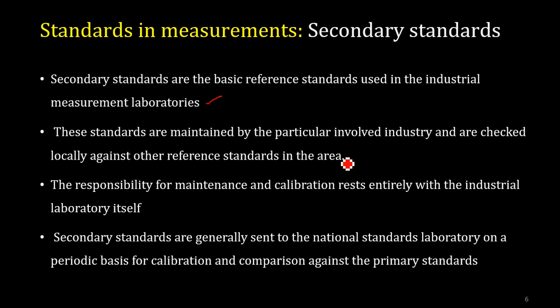These secondary standards will be calibrated against the primary standards for accuracy. Now the secondary standards are sent to national standard laboratories on a periodic basis for calibration and comparison. Suppose in India you have some national standard, and the secondary standards across different industrial laboratories are compared with the primary standard at the national laboratory.